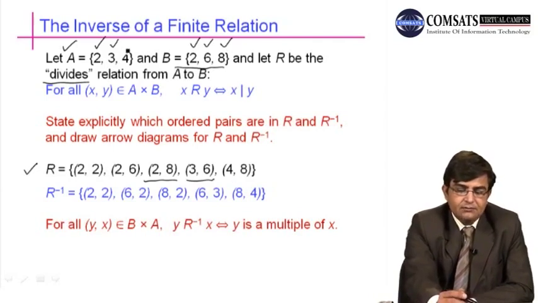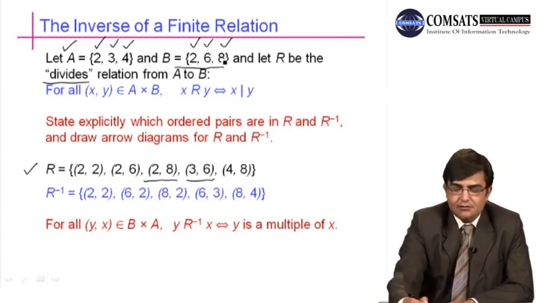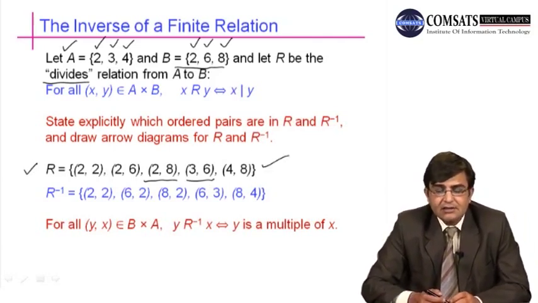Now we choose the third element of A. Does 4 divide 2? No. 4 divides 6? No. 4 divides 8? Yes. So here are the elements of the relation R.